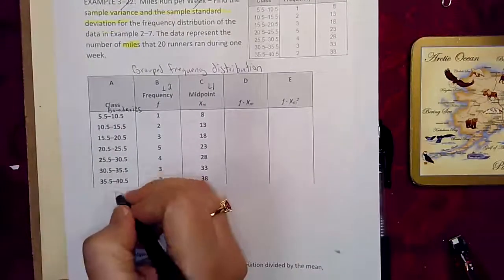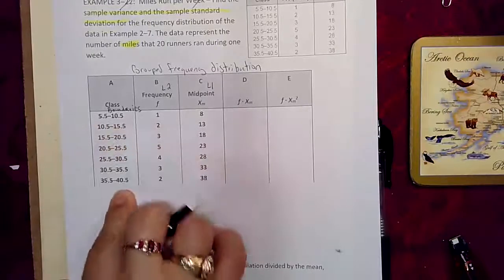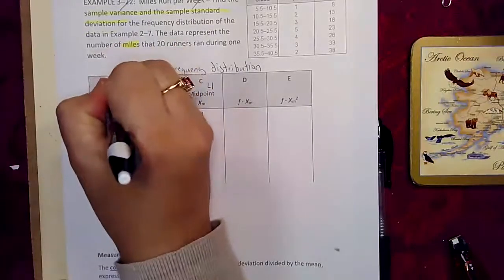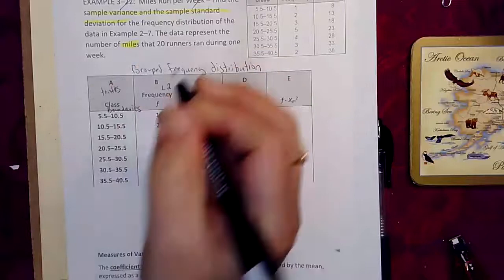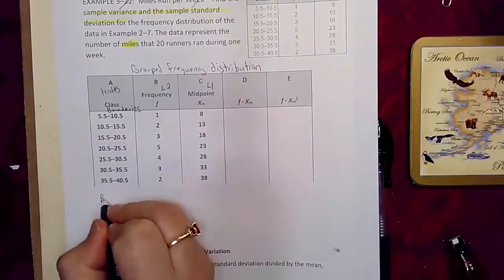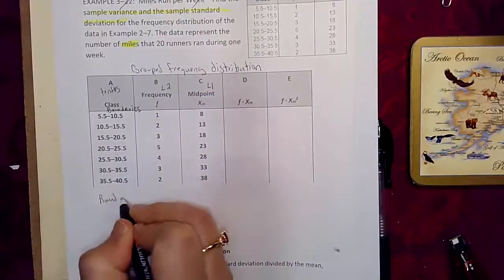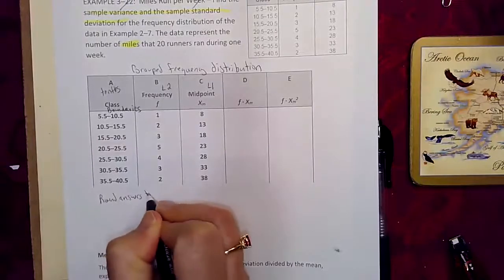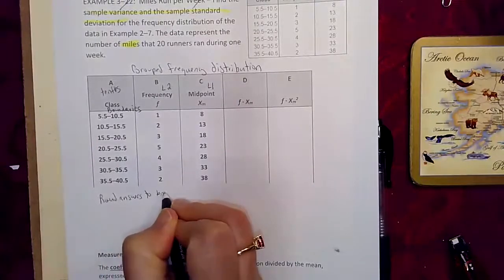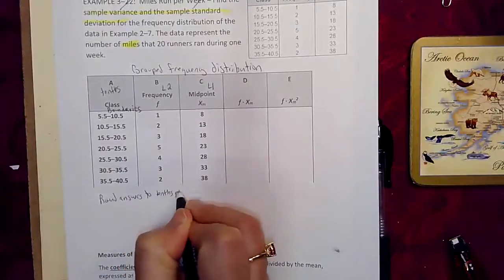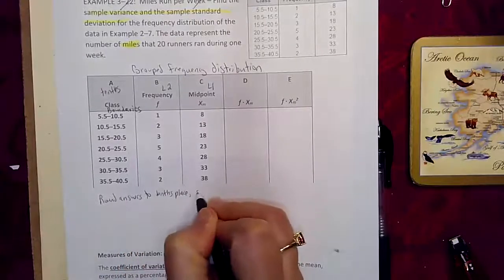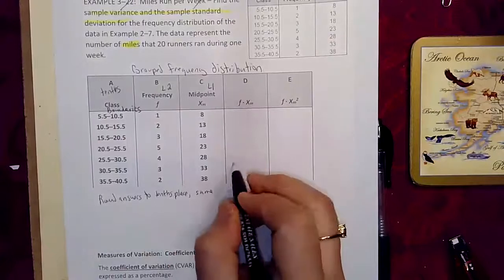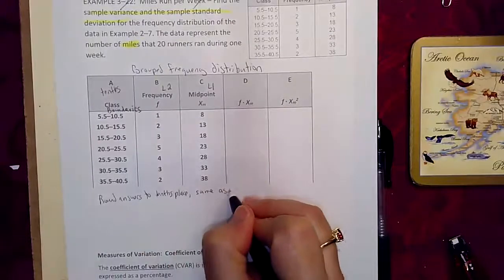So these are in the tenths place. So when we find our answers, we would round our answers to the tenths place, because it's the same as the class boundaries.